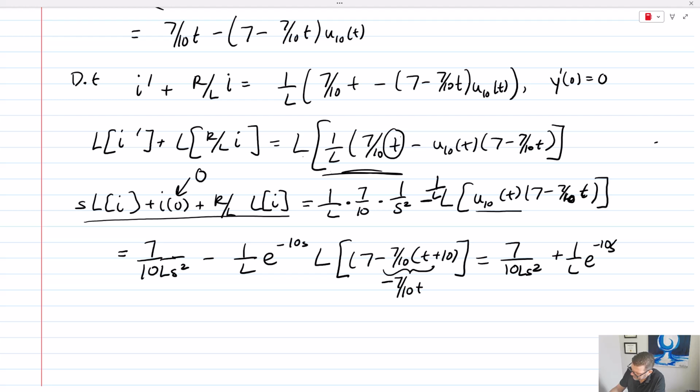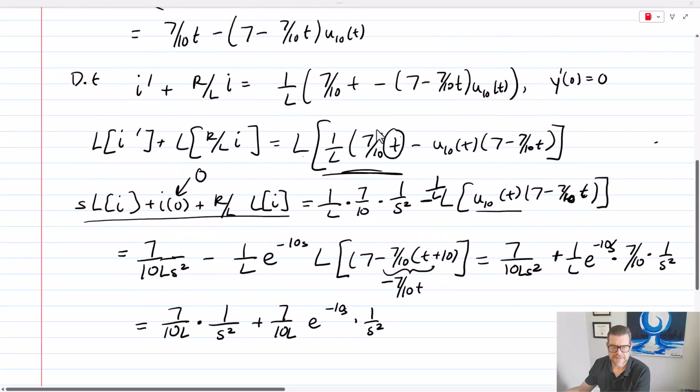So this will become a plus, and then this will become times 7/10 times 1 over s squared. So if we rewrite this, just kind of cleaning it up a little bit, we're going to get 7 over 10L, and I'll actually take that and multiply 1 over s squared to make things a little simpler. Plus, this will be 7 over 10L e to the negative 10s times 1 over s squared.